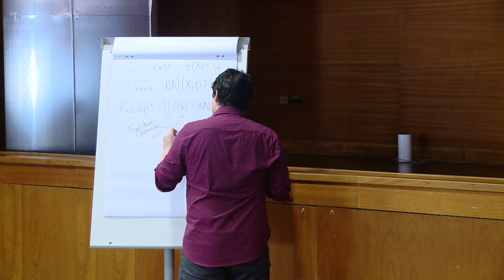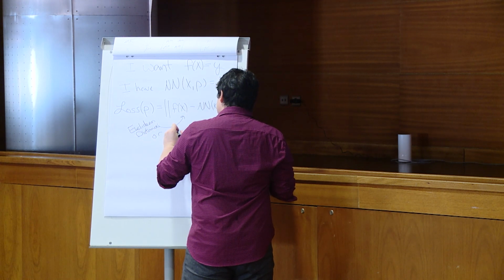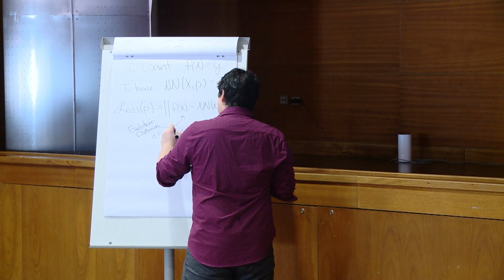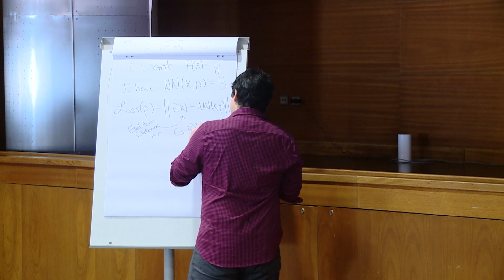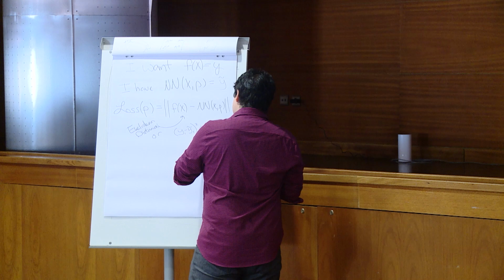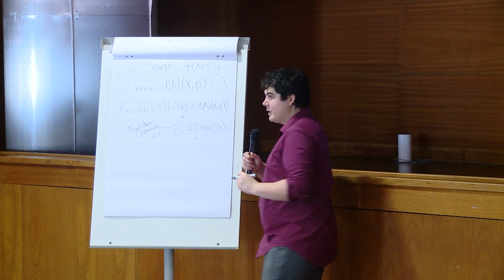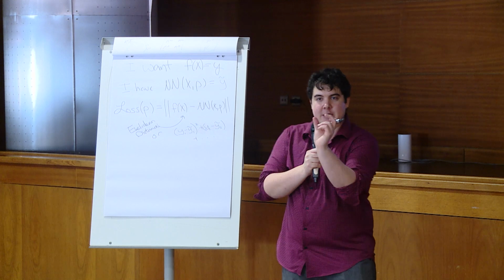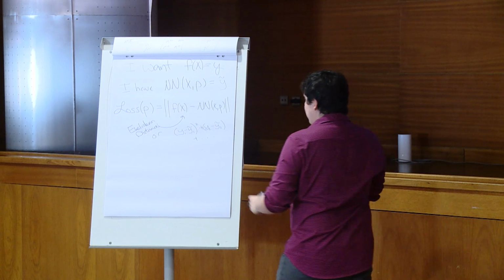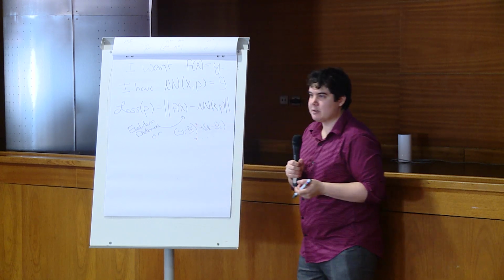It's just y1 minus y1 tilde squared plus y2 minus y2 tilde squared plus and so on. Let's take all of our outputs, take the difference between them, and square them, and use this squared distance.